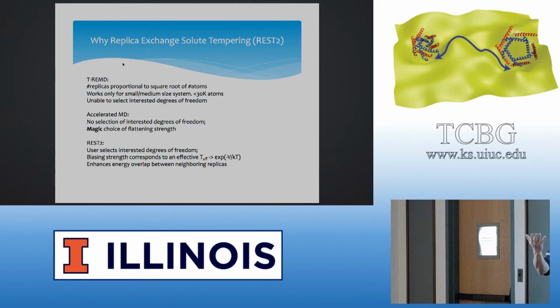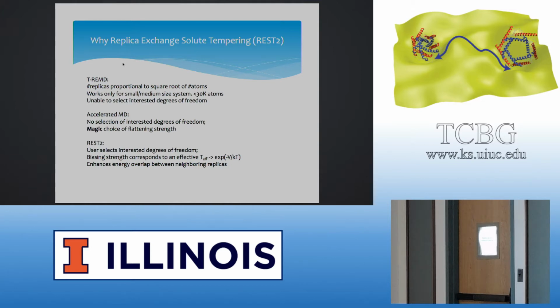Then NAMD will know, okay, those atoms will be biased by REST2. And in REST2, the biasing strength corresponds to an effective temperature. That means a user can have a very good intuitive feeling. You say, okay, now how strong my biasing strength is, instead of any magical guess.